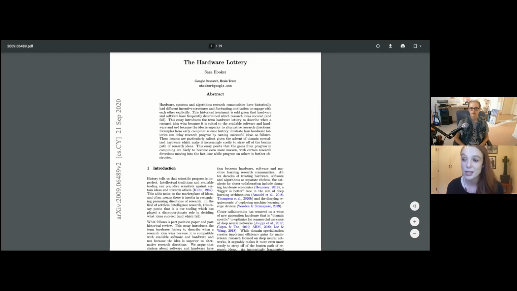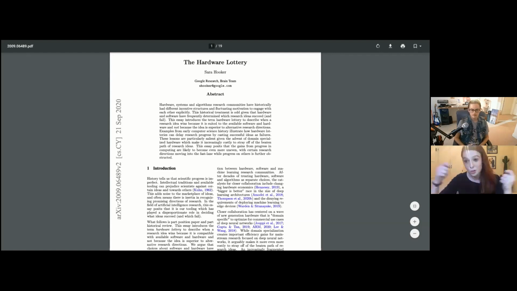The hardware lottery really starts with this grumpy statement, which is that for computer science history, hardware and software have frequently determined which ideas succeed and fail. And then a lot of the essay is unpacking that claim and saying the reason why we say this is that we know from early computer science history there have been all these occasions where the idea could not be executed.